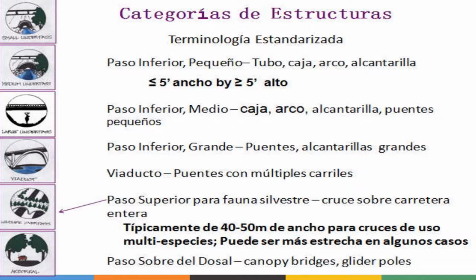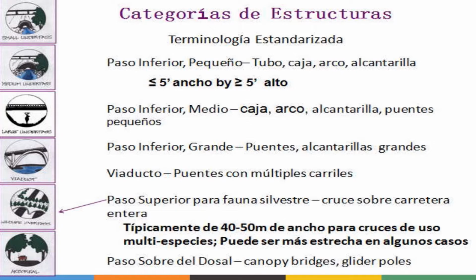Overpasses can actually be relatively small, but most of the ones that are built in at least North America these days are rather large. They are generally very large because we know that the very large ones work and that they can support soil on top and sometimes ponds.